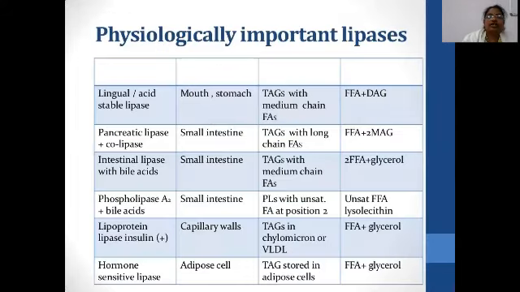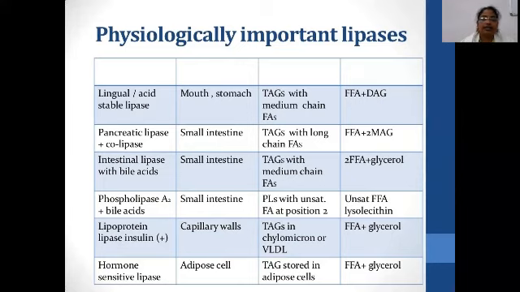Then physiologically important lipases. Physiologically important lipases are the lingual or the acid stable lipase, mainly from the mouth and the stomach. Here, the triglycerides with medium chain fatty acids give free fatty acid and diacylglycerols.